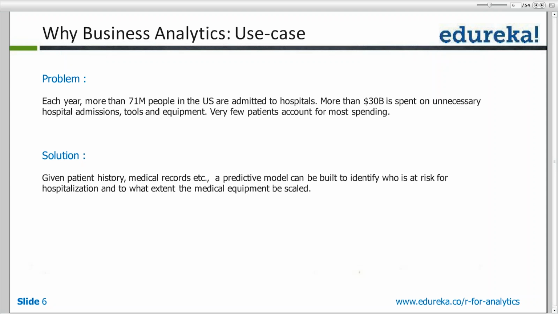And the US government incurs about 750 billion US dollars in hospitalization costs. And it's believed that of the 750 billion, almost 30 billion US dollars is preventable or avoidable. Or rather, this amount of 30 billion US dollars is essentially a burden on the exchequer.